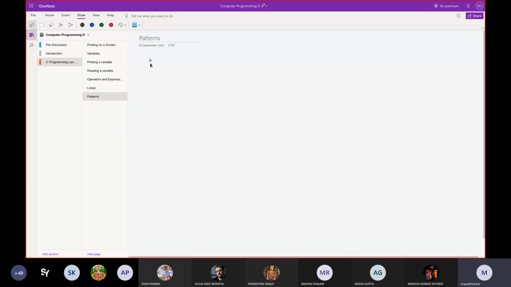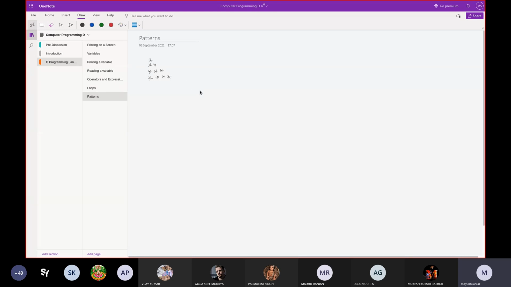Suppose a star, then 2 stars on the next line, then 3 stars on the next line, and so on. The user will provide the number of rows. As for example, this is the output for 4 rows. In the case of 5 rows, there will be another row with 5 stars.